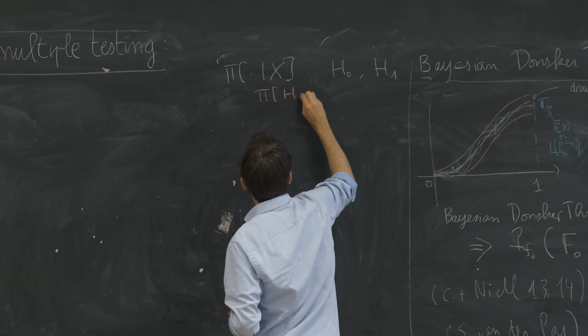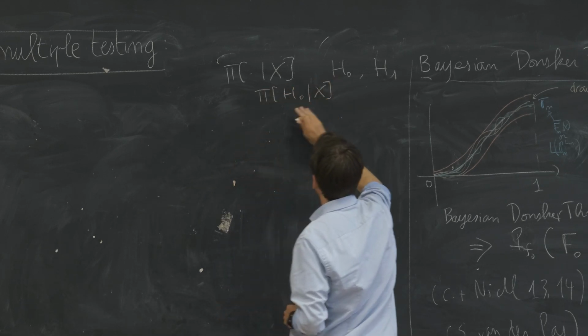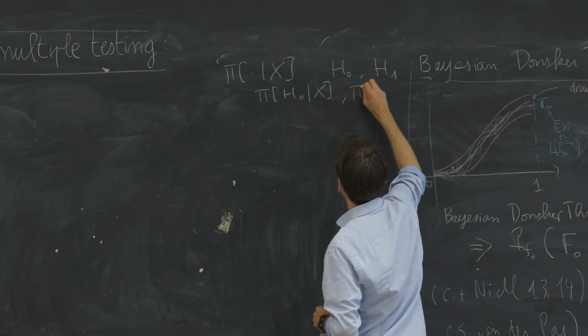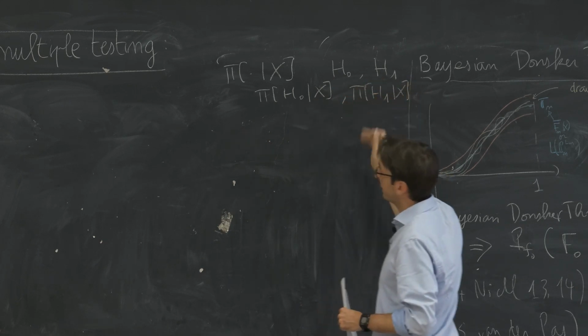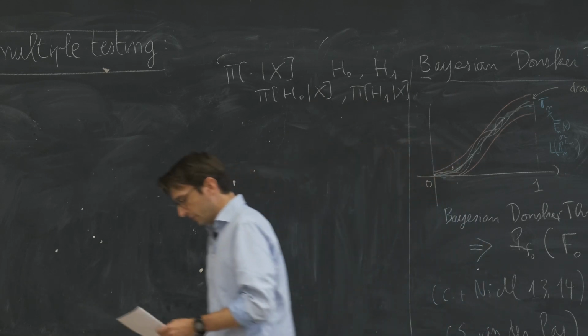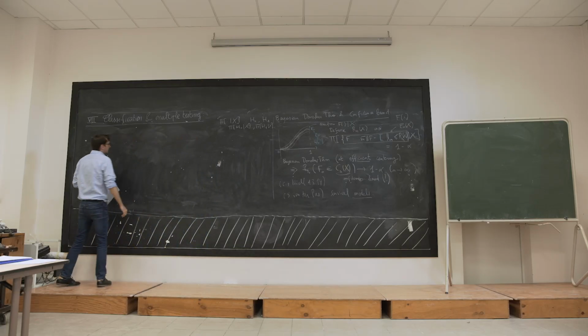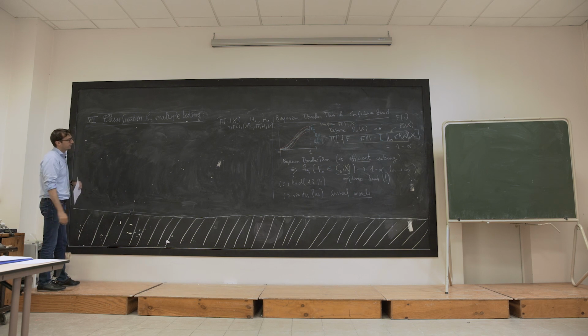I'll just look at the credibility of H0 and the credibility of H1, and I'll decide based on whether one is larger than the other. You can also formulate it in terms of the so-called Bayes factor, but it's exactly this.